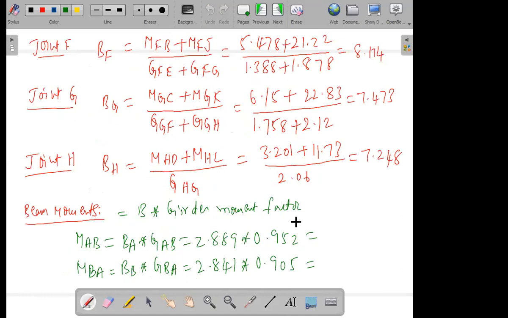Sir, 2.750, sir. 2.750 kilonewton meter.